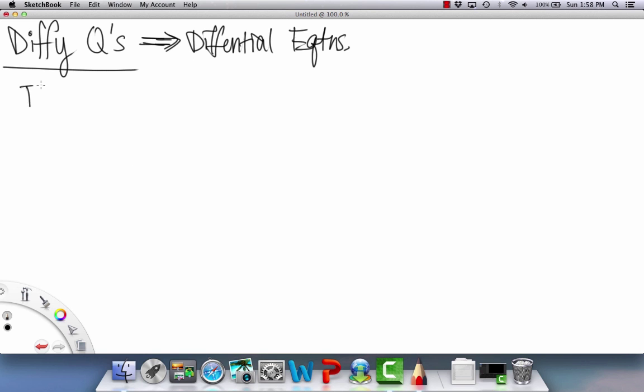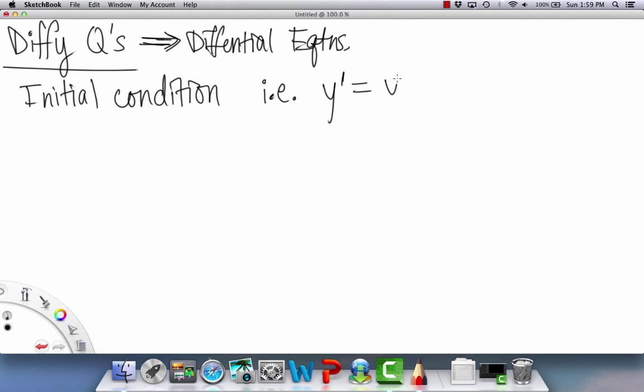Okay, so in these kinds of problems, you'll be given an initial condition, and I'll write a little example here, because I think these are best explained by examples. They'll give you an initial condition like y prime equals y, and y of 0 equals 1, okay?